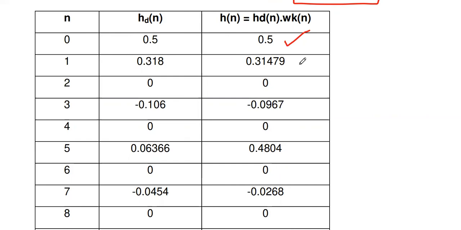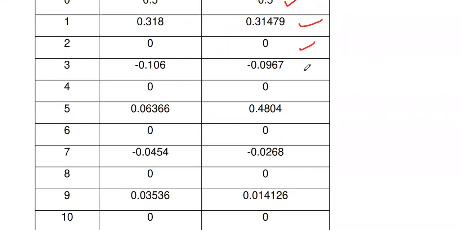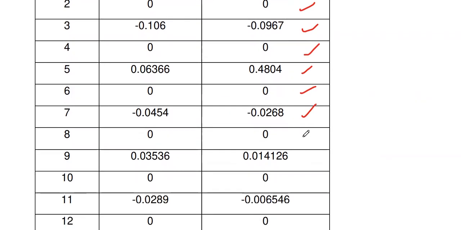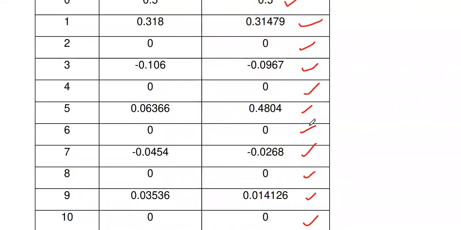When n equal to 1, 0.31479. Then 0, minus 0.0967, then again 0, 0.4804, again 0, minus 0.0268, 0, 0.014. You see, as n increases, the coefficient value decreases.